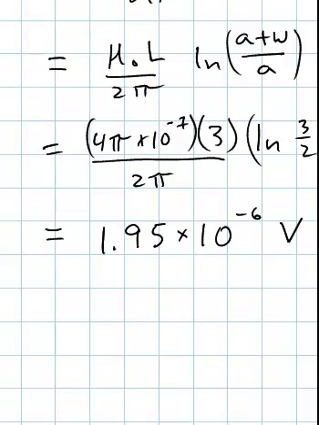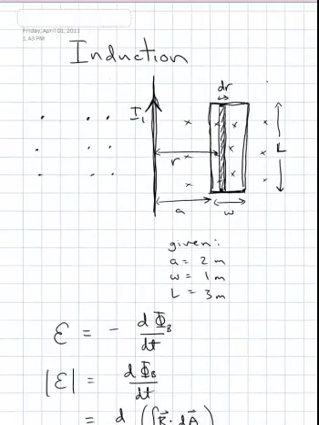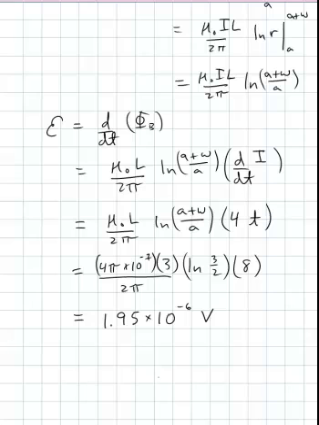And now we can look at our small loop. So that's the EMF generated in the small loop, the voltage generated in the small loop. And if we know the resistance of the small loop, we can calculate the current in the small loop, because V equals IR.